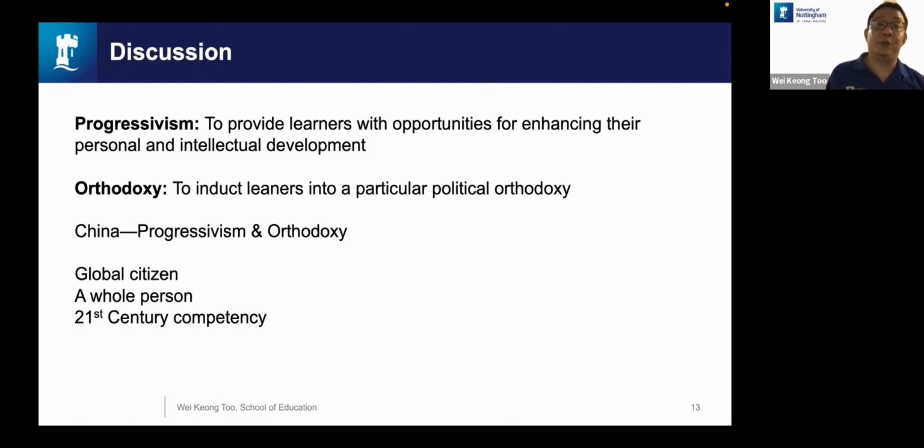But for other countries, they have a progressive movement to move forward. And the terms that I picked up from the documents as well as the interviews that I conducted are like global citizen, a holistic person, a whole person, and 21st century competency.